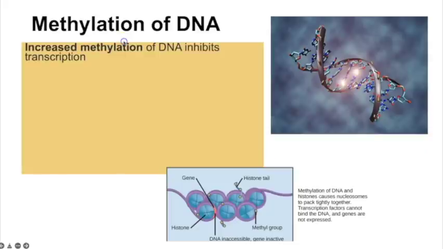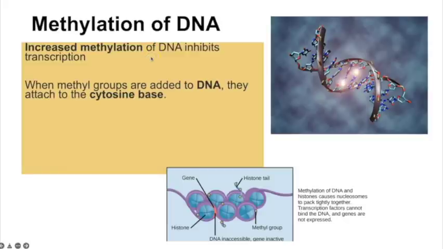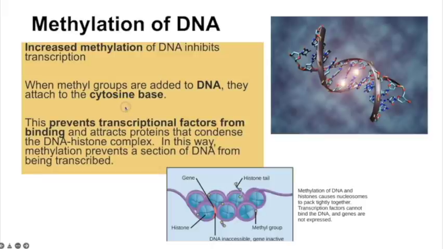So one type of impact is increased methylation of DNA. What this means is if you have lots of this chemical tag, methyl groups, binding to the DNA, it actually inhibits transcription. The reason for that is when the methyl groups are added to DNA, they attach to the cytosine base and it prevents transcription factors from binding.